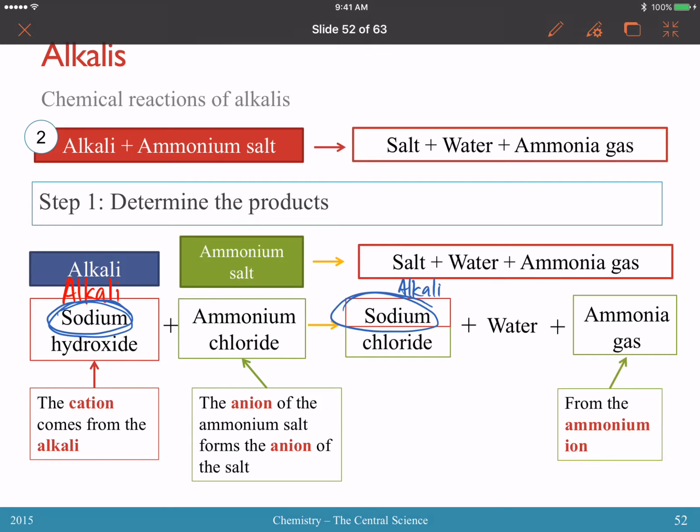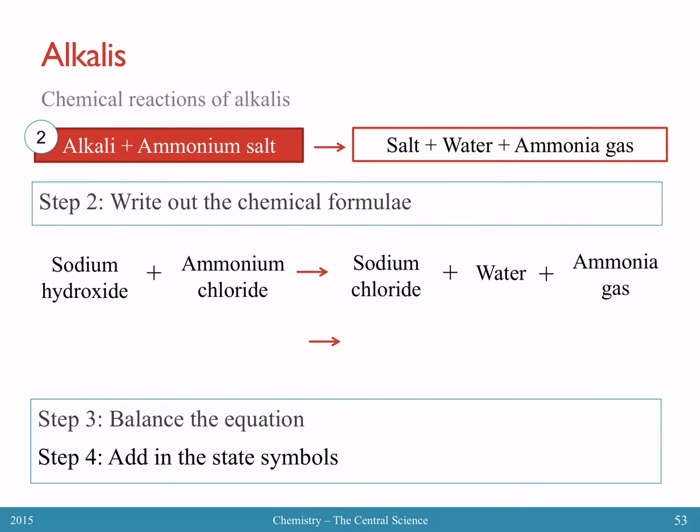And my ammonia gas came from the ammonium ion. Now, try this out yourself. Write out the chemical formula, balance the equation and add in the state symbols.